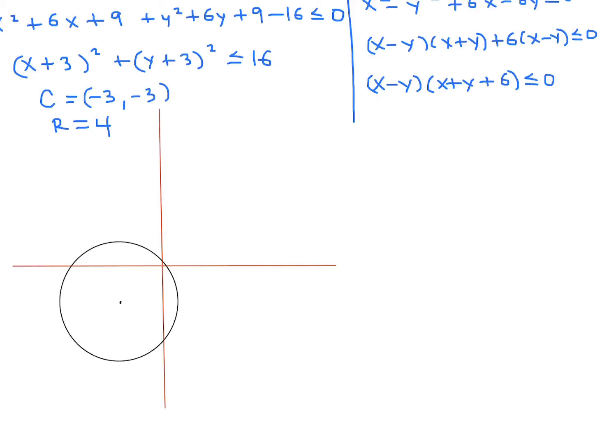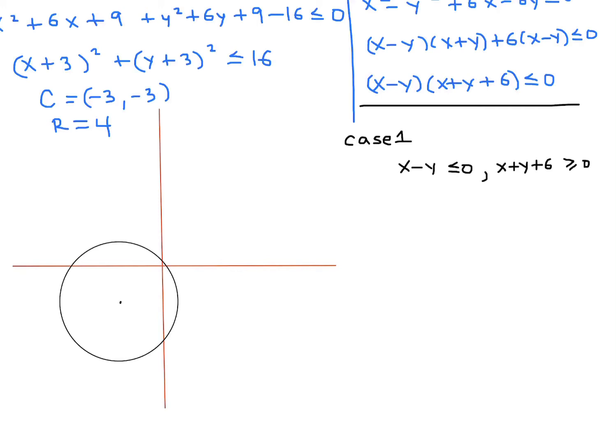And now we have to concentrate on this right here. X minus y times x plus y plus 6 is less than or equal to 0. So this is true in two possible ways. The first way is if x minus y is less than or equal to 0, and the other guy is greater, like that.